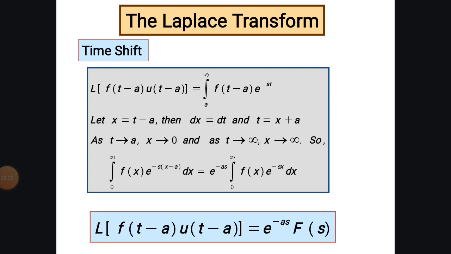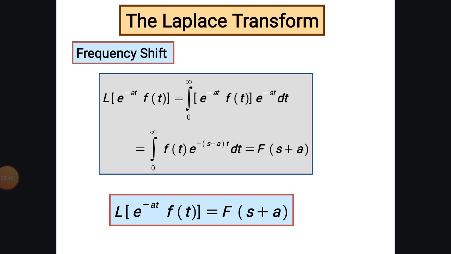So the integration becomes integral 0 to infinity of f of x e raised to minus s into x plus a dx. E raised to minus as is a constant, so we can take it outside, and it is just the integration 0 to infinity f of x e raised to minus sx dx. Finally that is the Laplace transform of f of t, denoted by F of s. So finally we come to the formula: Laplace of f of t minus a u of t minus a is e raised to minus as into F of s. Another formula to remember.